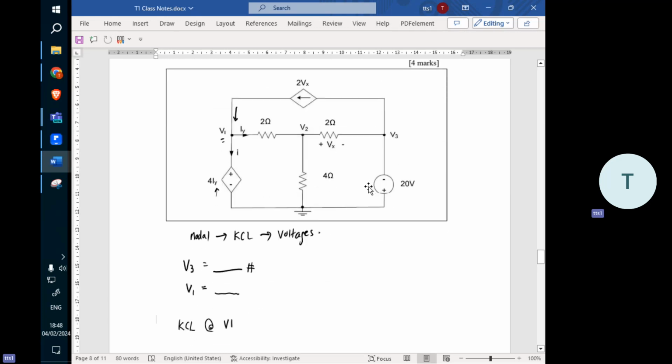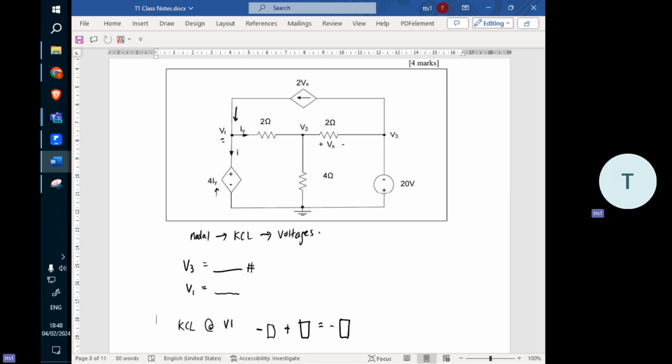After you've done this, you will get one equation: something minus something plus something equal to minus something.